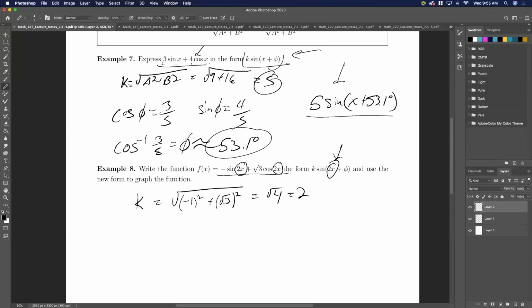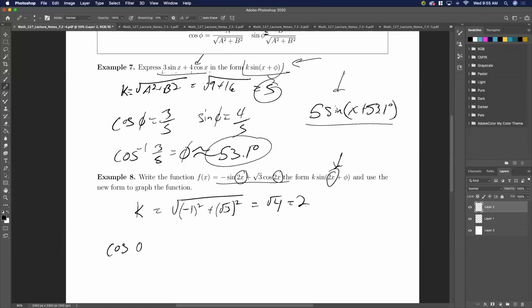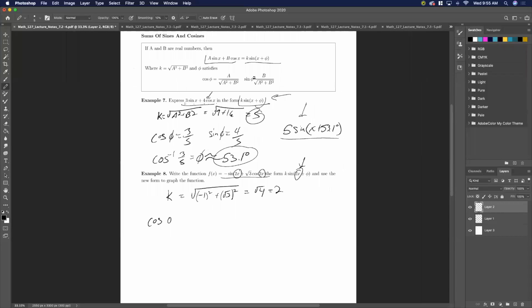All right, so let me pull it up real quick. Let me zoom out just for 1 second. So the cosine of phi is equal to a, in this case -1, over 2. And then the sine of phi is equal to square root 3 over 2.